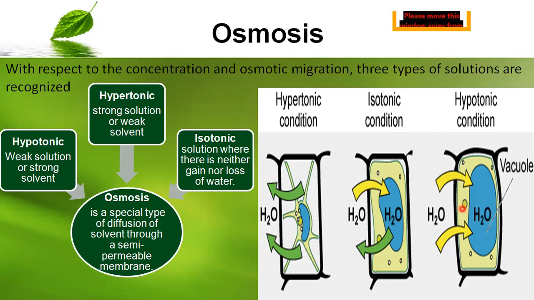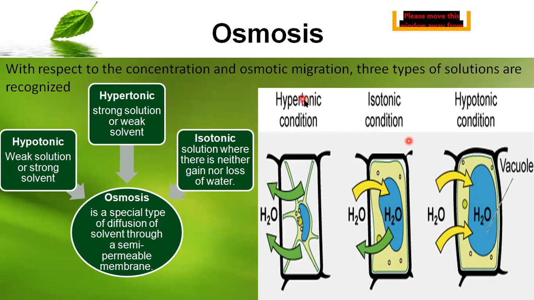So the solute proportion is less on this side and the solvent proportion is more. So the water or any liquid present here, the solvent, will enter into the cell, and the cell will absorb that liquid and become turgid and swell. This condition is known as hypotonic condition, in which a weak solution and a strong solvent are present.